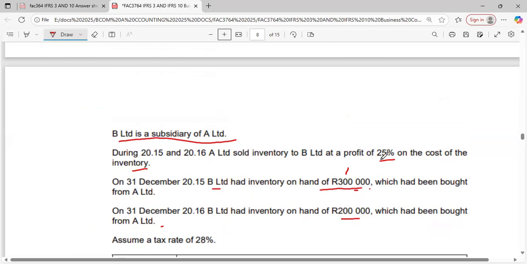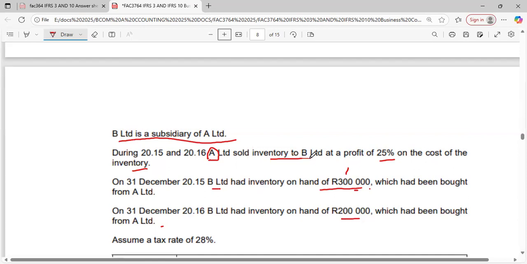cost of sale you are going to debit, who is having a cost of sale here. So A Limited sold inventory to B Limited. So which means you are going to debit cost of sale of A Limited, and who is holding the inventory?